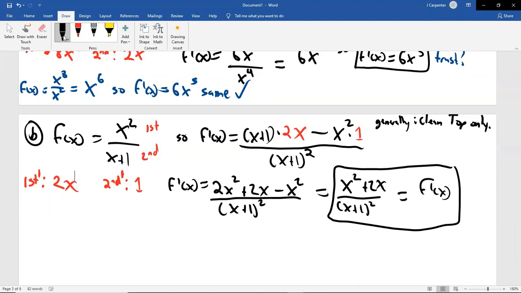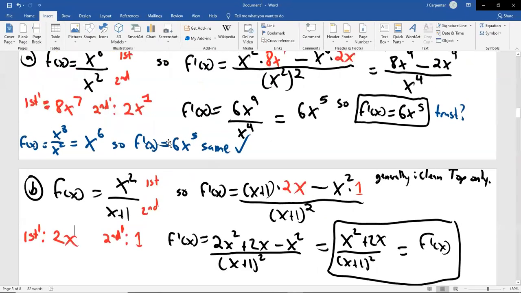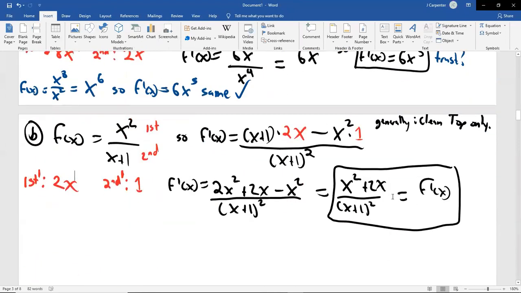But then the last term is still going to be a rational function over x plus 1. And there's a way that you can bring that x plus 1 to the top and do a power rule, but it needs something called the chain rule, which we haven't done yet. So I can't verify this one. You have to trust me. But hopefully, since the last one worked, you gained enough trust in A that you trust me that B is correct.